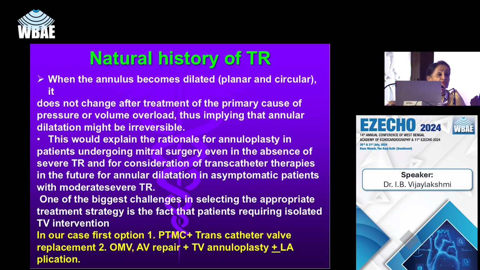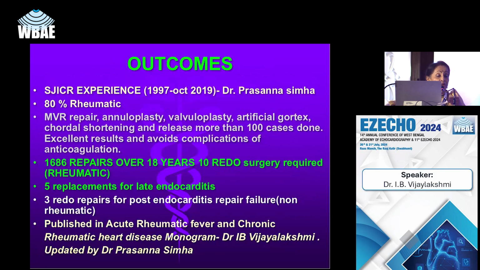If you don't fix the tricuspid valve and do the balloon dilatation or whatever surgical options for the mitral or the aortic valve, all that becomes a waste, the patient goes into congestive cardiac failure, and hence the normal tricuspid valve annulus is 31. Without treatment of the severe TR, it carries a poor prognosis.